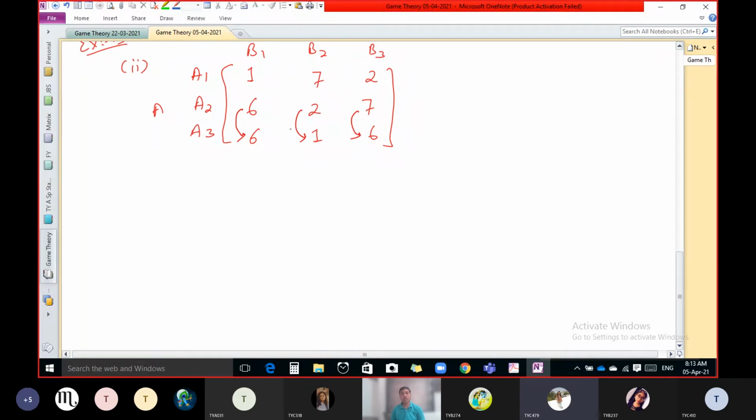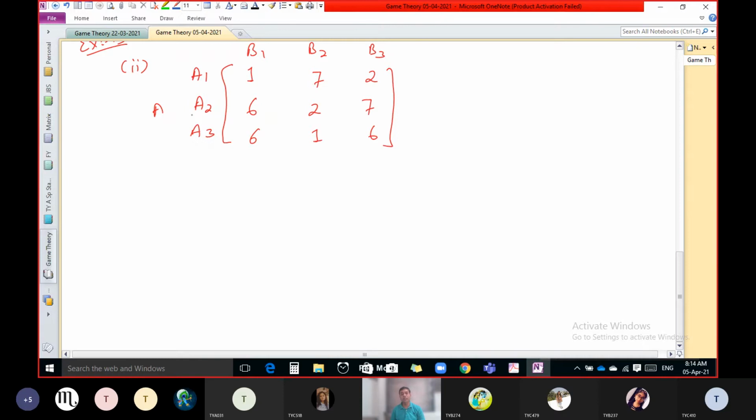That means if you are player A, you will always choose A2 compared to A3, because in A3 you get either the same profit or less profit compared to A2. So if player A is a rational player, he will never go for A3.